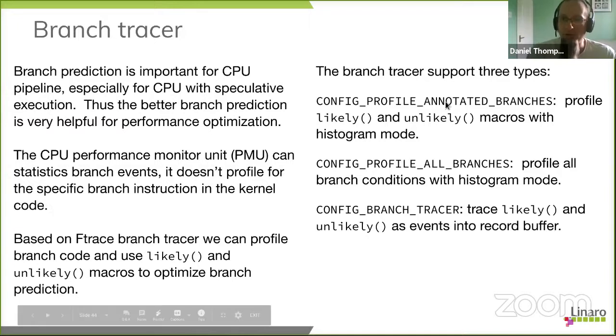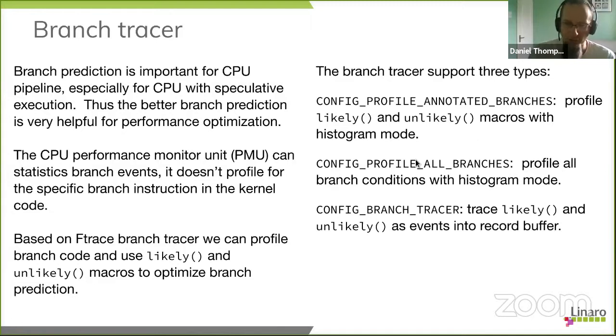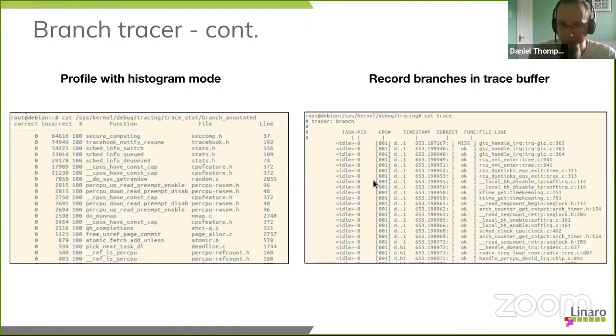So we can profile annotated branches, which is the one that tracks likely and unlikely. We can actually profile all branches, which I think uses a special compiler mode, but I haven't gone into that in great detail. And once you've got the branch tracer available, you can trace likely and unlikely as events in the record buffer. So you can look and see when you've hit it, when you've missed it, how often.